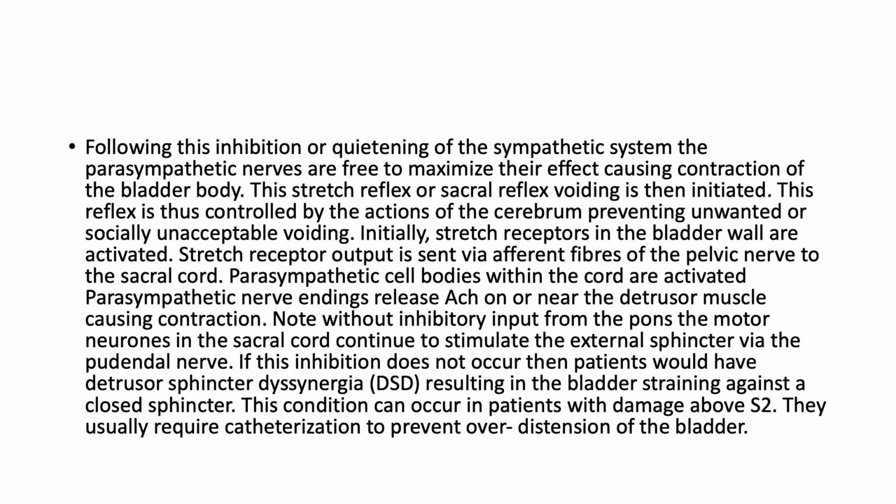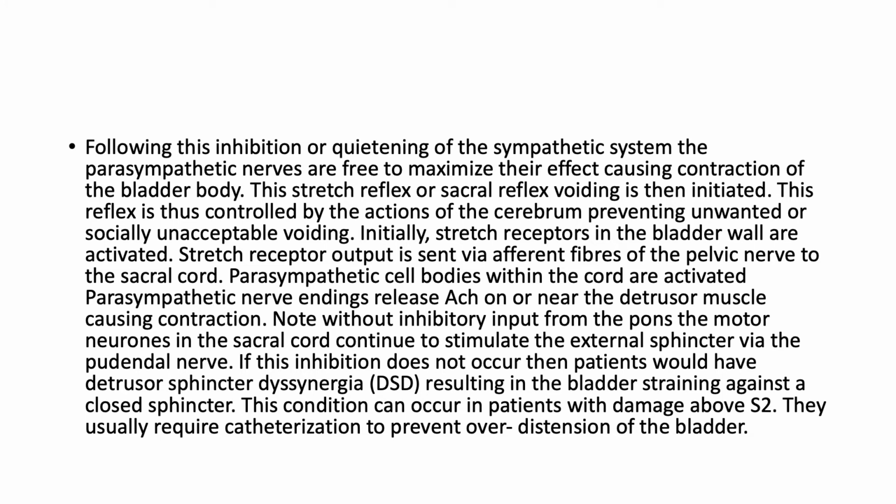And as we said before, the parasympathetic nerve fibers will stimulate the contraction of the detrusor muscle just by releasing acetylcholine near this muscle. At the same time, there will be an inhibitory reaction from the brainstem to the spinal cord and then to the urethral sphincter to cause its relaxation.